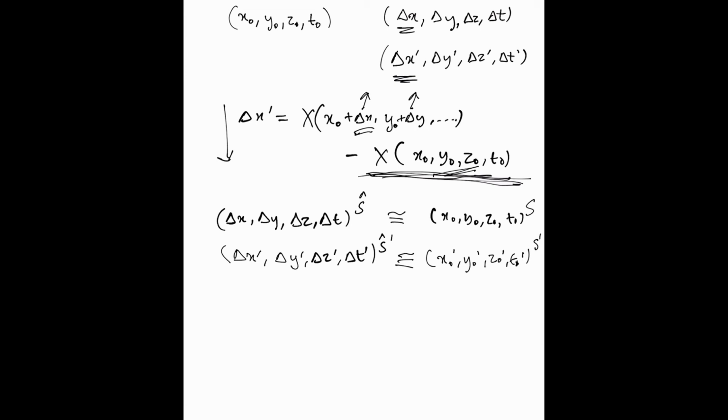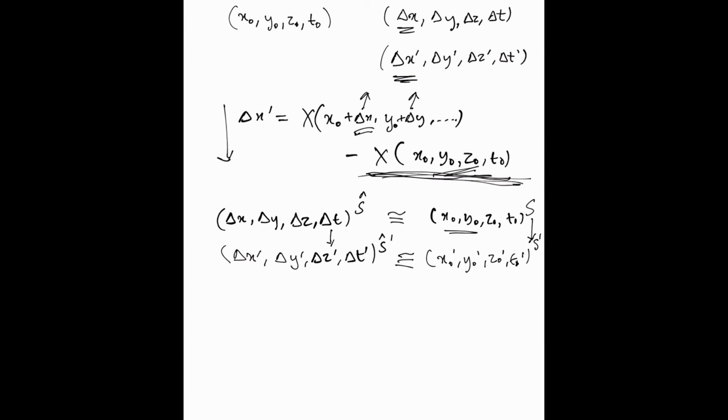To go from S to S dash required a certain set of transformations that I described earlier as F subscript V. What homogeneity tells us is that no coordinate system is special with respect to origin. So S hat is not special with respect to S. It's just a shifted origin, and S dash hat is also just a shifted origin of S dash.